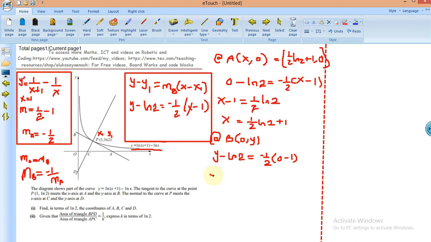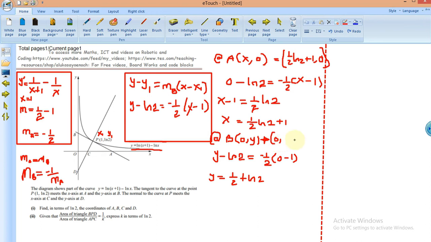Use minus half to open up: minus half times 1 is minus half, then plus ln 2. So the coordinate for B, when x equals 0, then y will be ln 2 plus half, or half plus ln 2, either way.